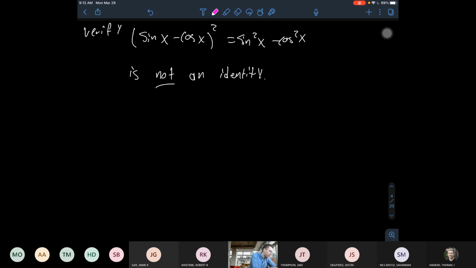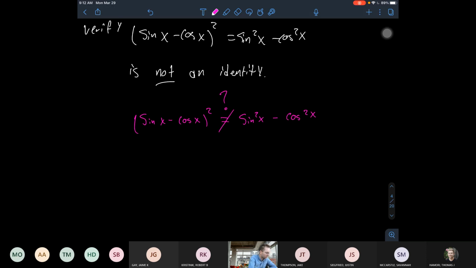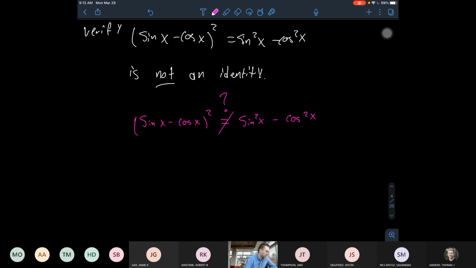Okay, so can someone give me a really quick and easy argument why we might expect sine of x minus cosine of x quantity squared to not be equal to just sine squared x minus cosine squared x? Why should these things not be equal to one another? Maybe someone can give me a really slick argument here without even really having to do any rewriting.